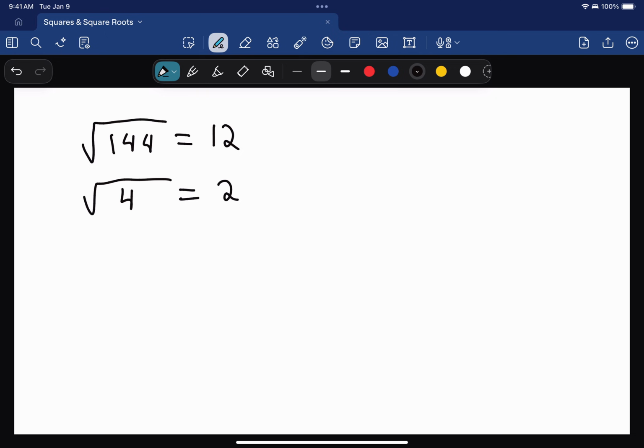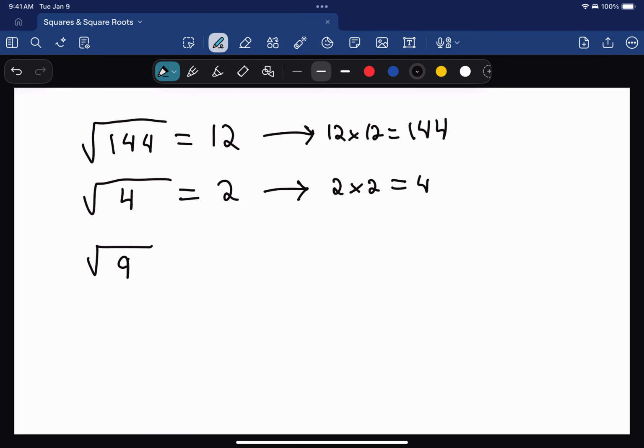This would equal 2. And the reason for that is because 2 times 2 equals 4. The reason for this one is because 12 times 12 equals 144. Okay, so we could also do the square root of 9 to get an answer of 3. And that's because 3 times 3 equals 9.